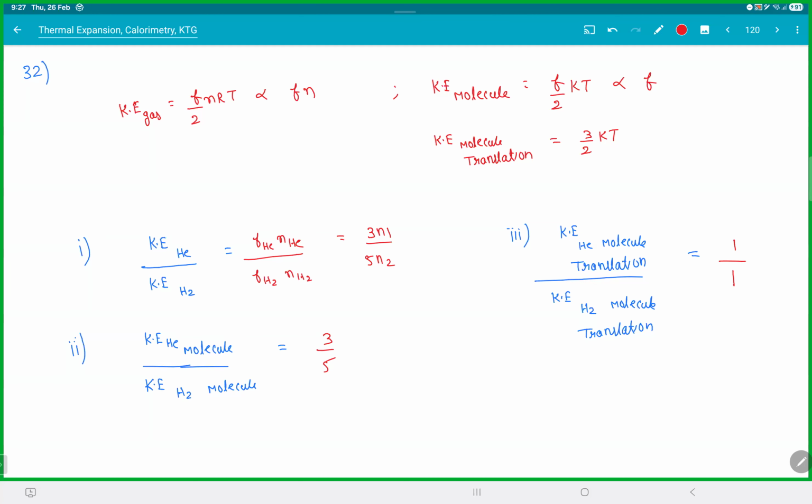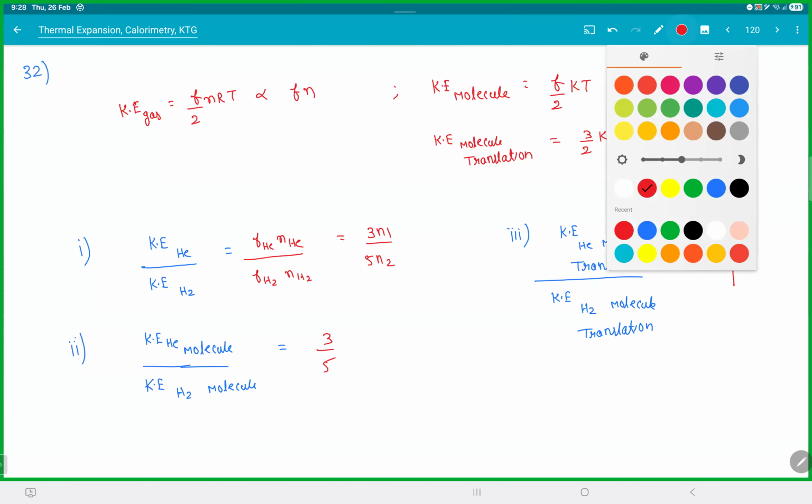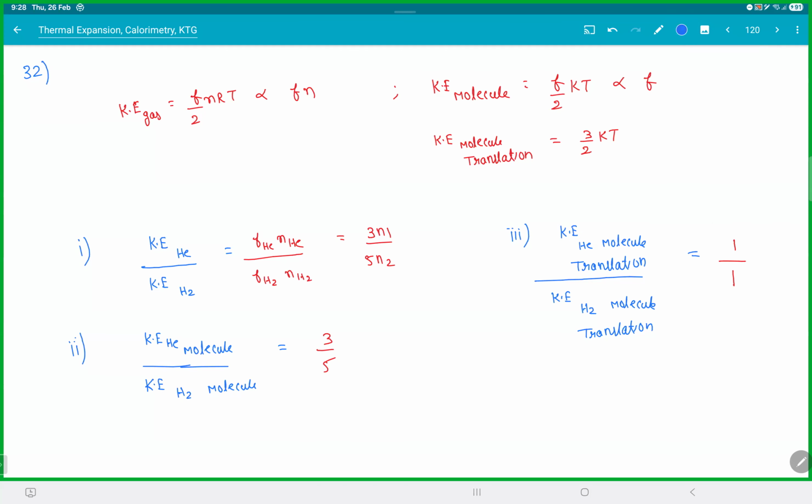Total energy is different, translation kinetic energy is different, and energy of the total gas is different. Total energy of the gas will depend on the number of molecules. Kinetic energy of one molecule will depend on the degrees of freedom, whereas the translation kinetic energy of one molecule is independent of anything. It depends only on temperature. Clear with this? This is what I was saying earlier. In RMS, at a given temperature, the kinetic energy for a molecule is same, but the speeds are not same because masses are different.